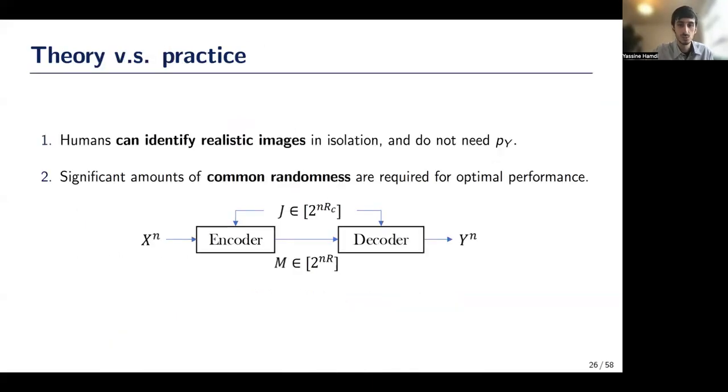So yeah, this is what I just summarized. I don't think that this formulation is practical. I think that humans actually can judge a single image or a few images, and they don't need to look at the distribution. And also, the amount of common randomness should be reasonable so that it's possible in practice.